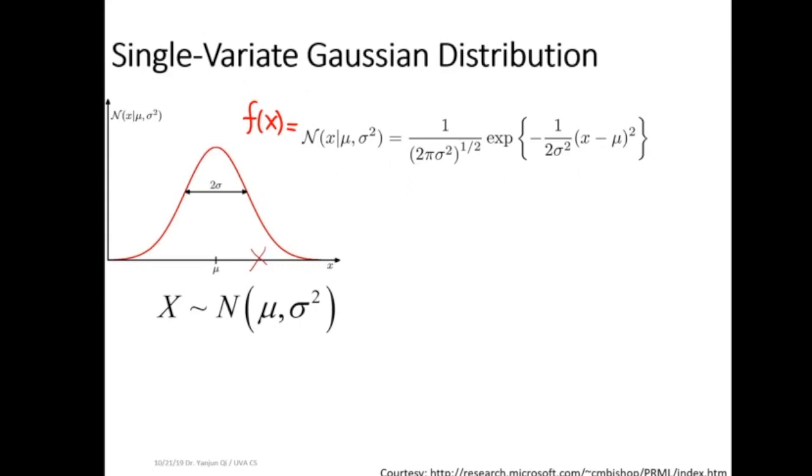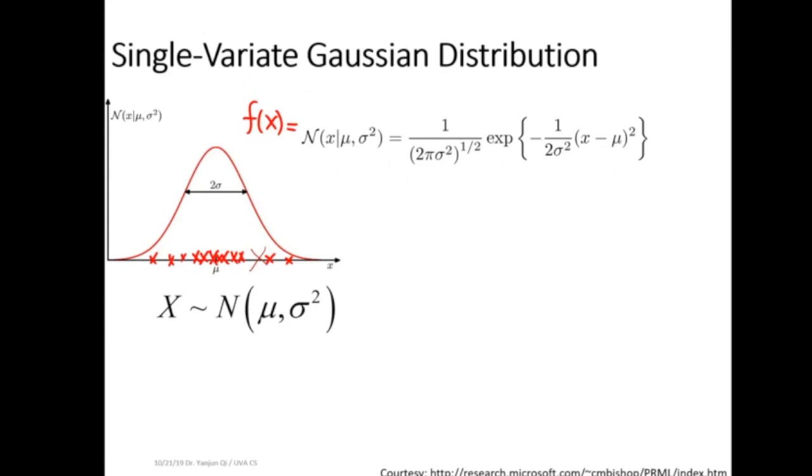And when there's a peak at the mean position, it essentially tells you what? If I'm sampling data from this Gaussian distribution, the majority of the samples will be located close to the mean. That's exactly what this distribution function is trying to tell you.